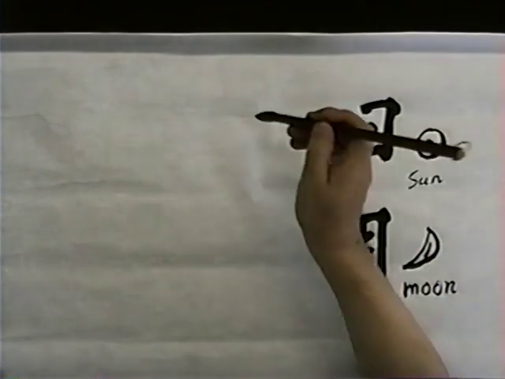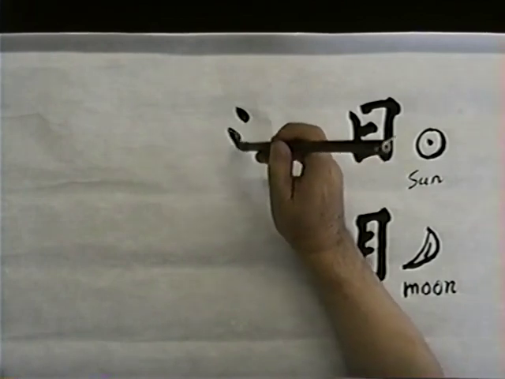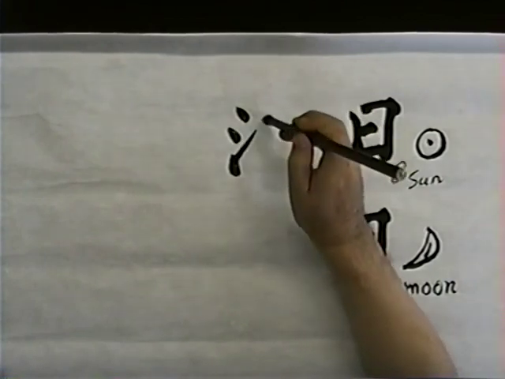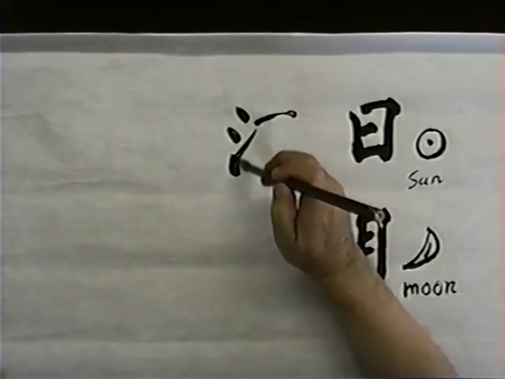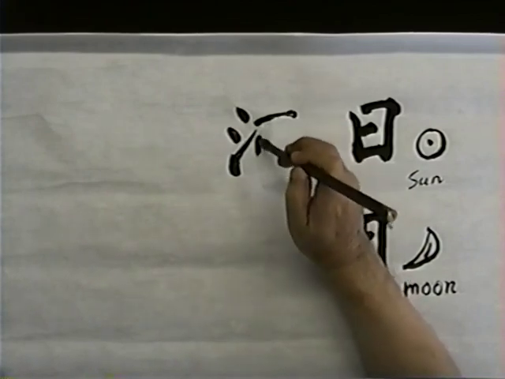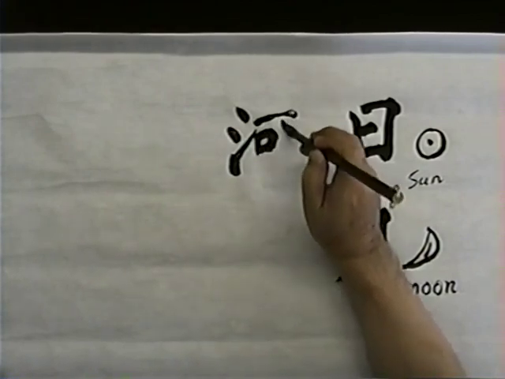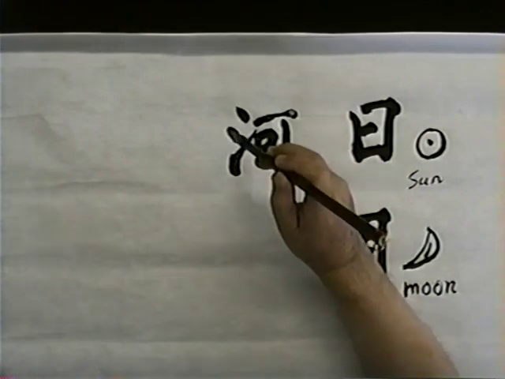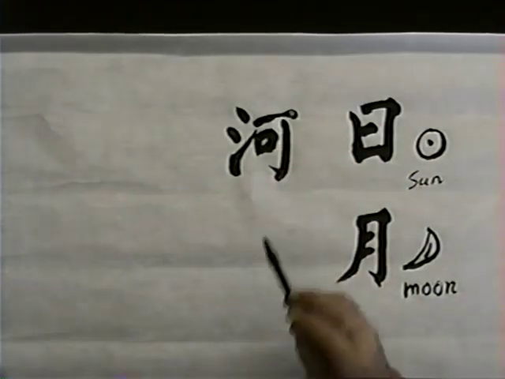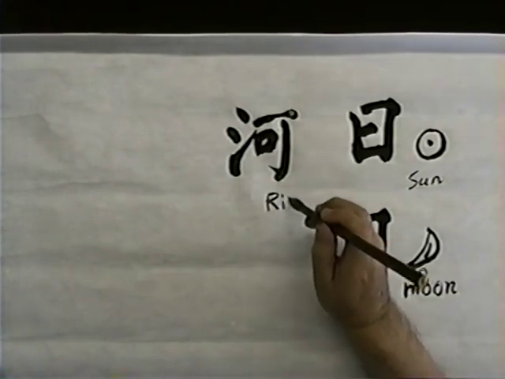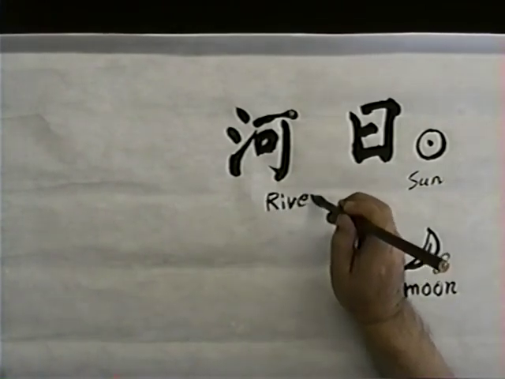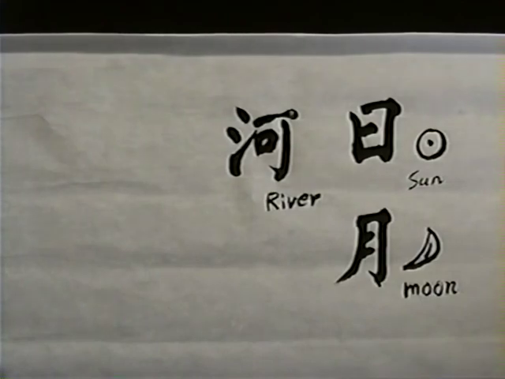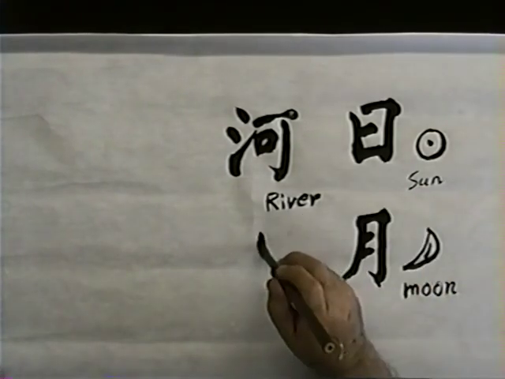Okay, then I will show you another, 3 dots here. This is a check. Okay, horizontal line and a square, and go down a circle. This is a word to say river. And I will show you another character.